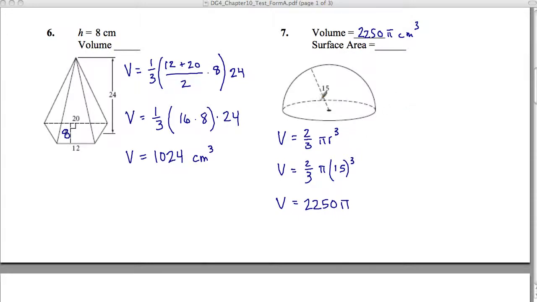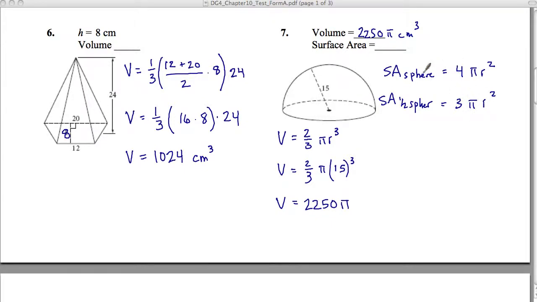On the surface area equation, I'm going to write this out. Surface area of a sphere is 4 pi r squared. But surface area of half a sphere is 3 pi r squared. Now you might ask, why 3 pi r squared?